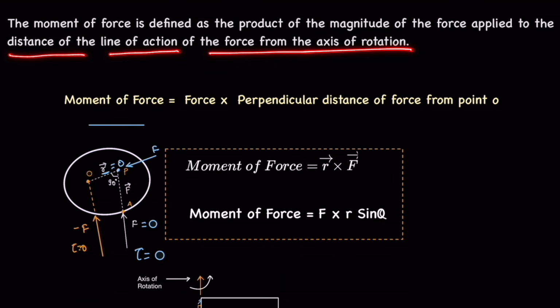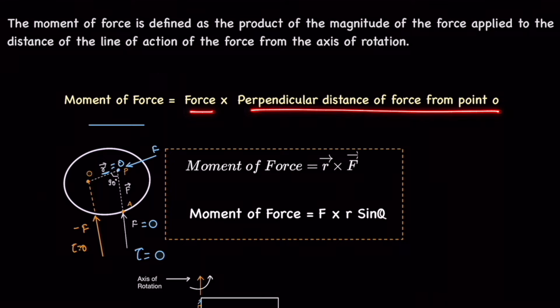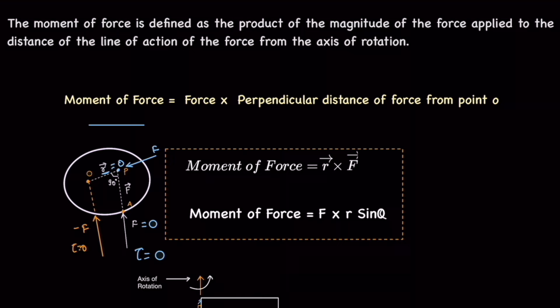So in formula we can say that moment of force is equal to force into the perpendicular distance of the force from point O. So tau is equal to R into F. In magnitude form, tau = F R sin theta.